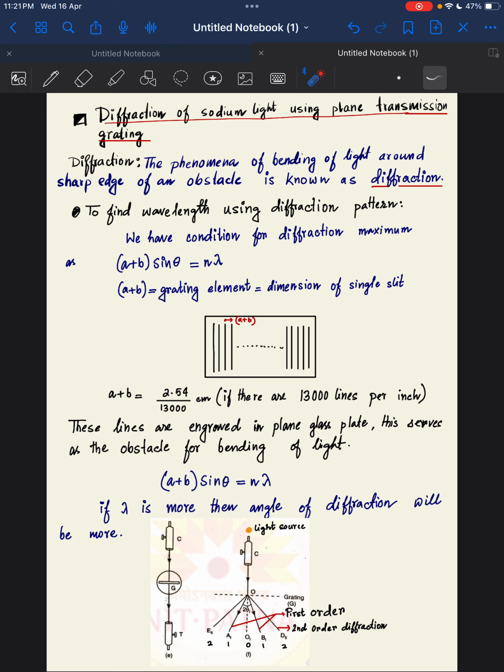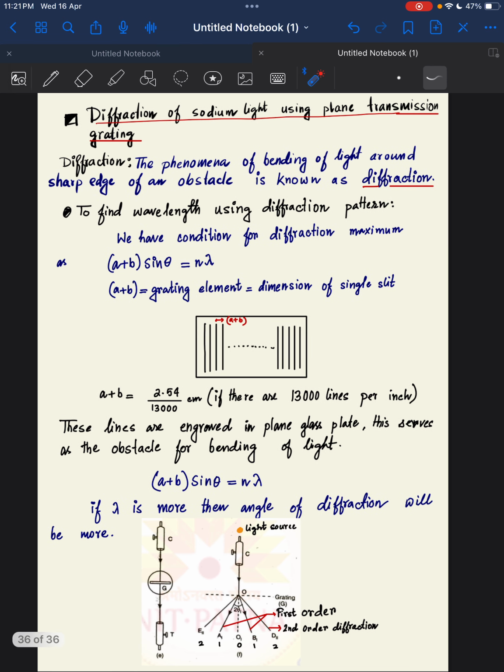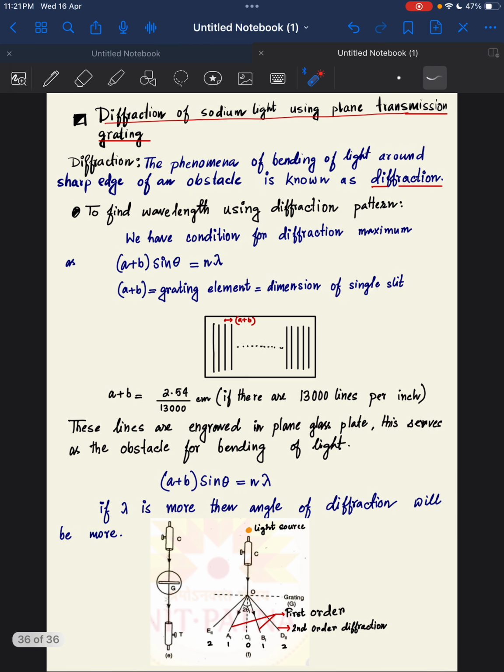So this type of device can be used in many spectral cameras where we need a particular range of wavelength to produce our image. We can select our image depending on our practical use or application. So this is all about the diffraction pattern. I hope you have understood it.